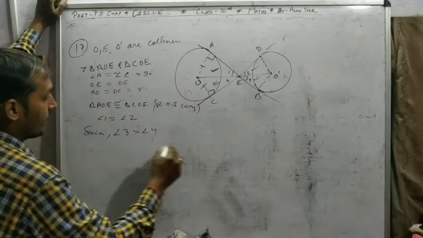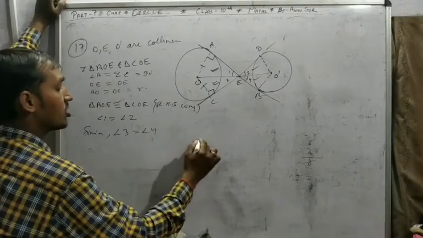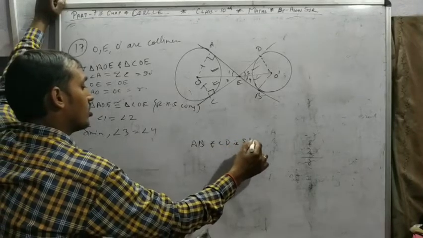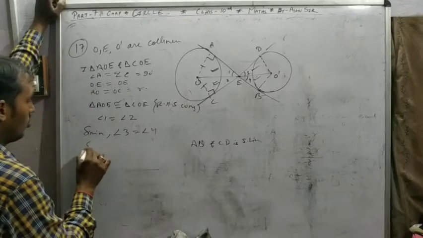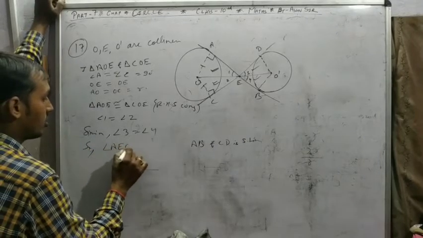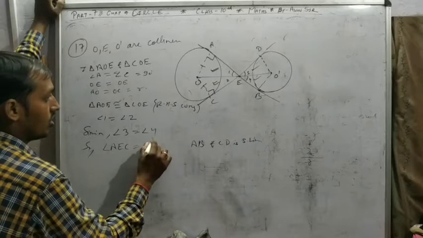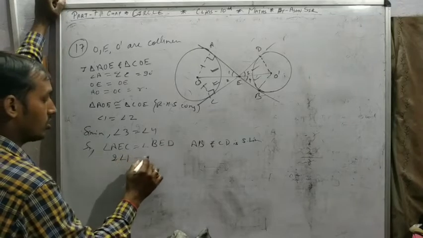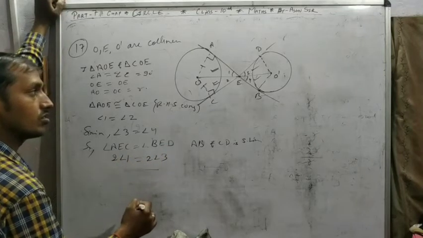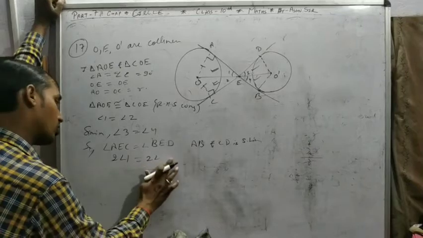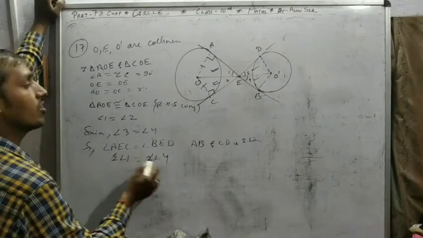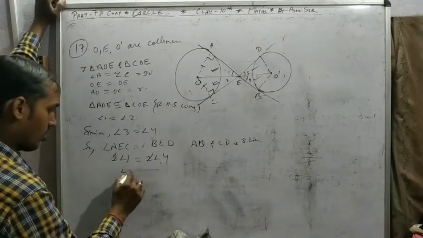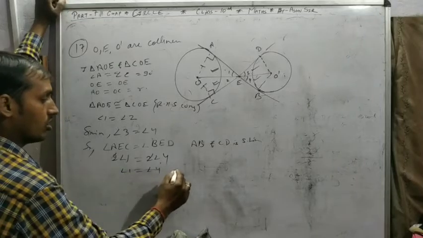And you know that AB and CD is a straight line. So angle AEC is equal to angle BED. This is twice of angle 1, twice of angle 3, or you can say twice of angle 4. Why do we take 1 or 4? Or we get it diagonally. 1, 4 equal.